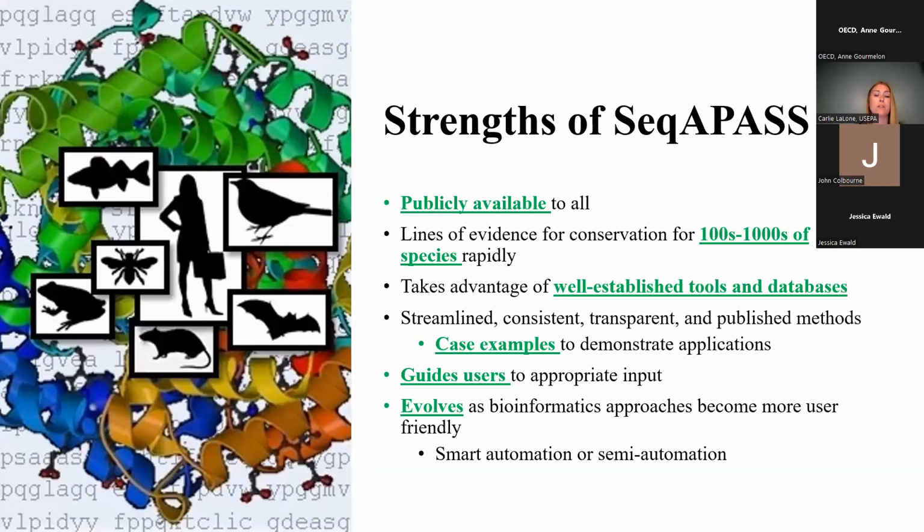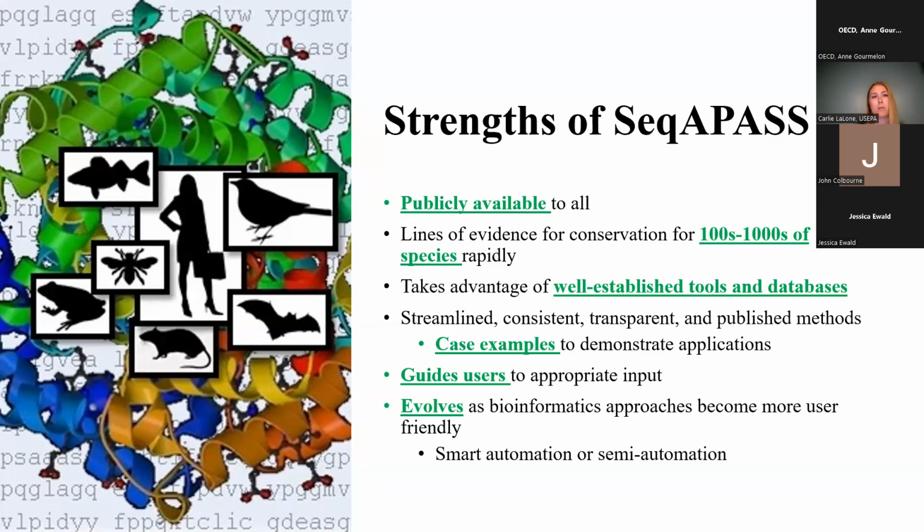One of the things that we do is we look ahead as bioinformatics approaches become more user-friendly, and we recognize that they can be utilized for automation or semi-automation, such as what I had mentioned, looking at structural evaluations in homology modeling and molecular docking, virtual screening.